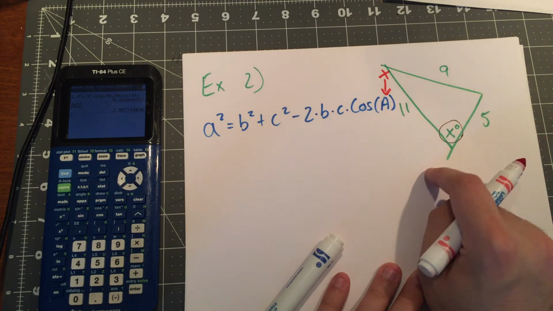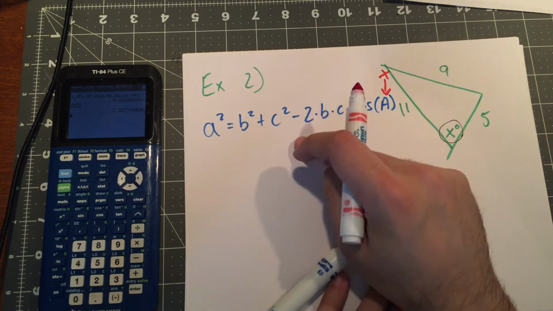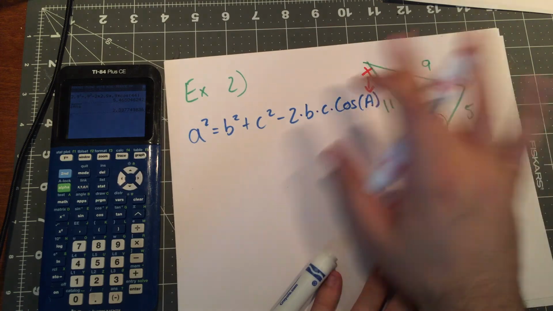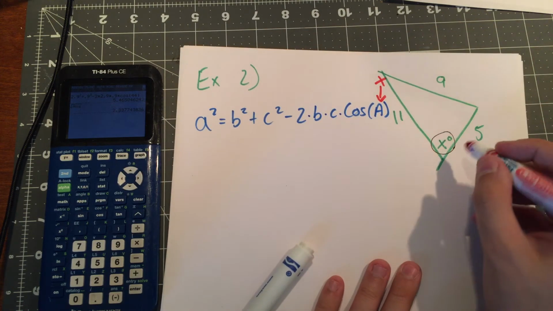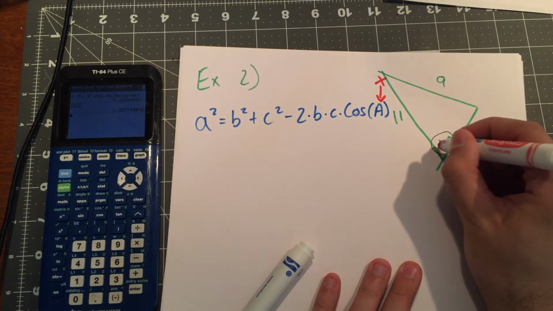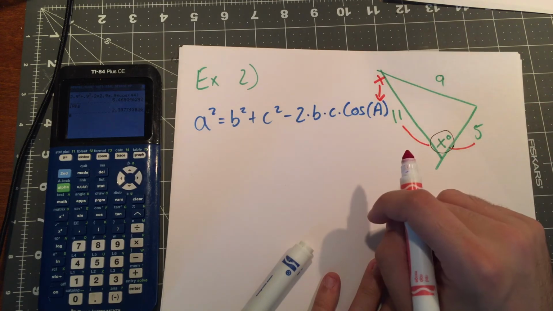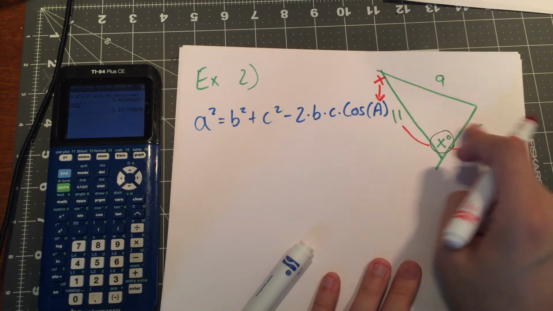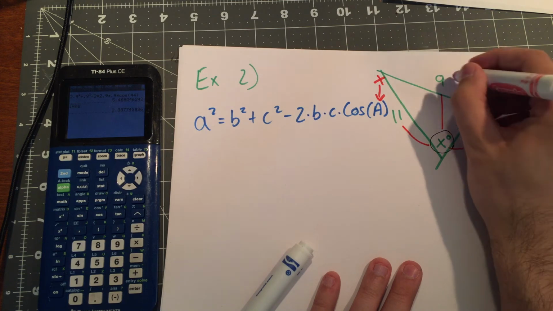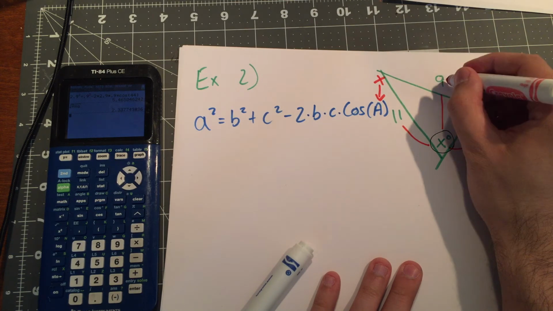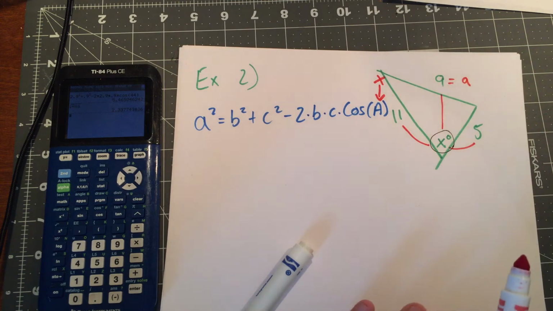Well, it does not matter which one is b and c, but it does matter which ones I pick. Remember, b and c are the ones touching the angle. So these have to be b and c, which makes this have to be a. That's a 9. Looks like an A. I wish it didn't, sorry.